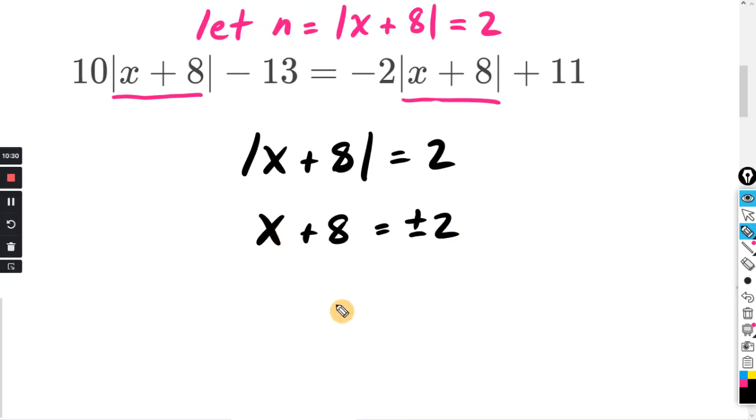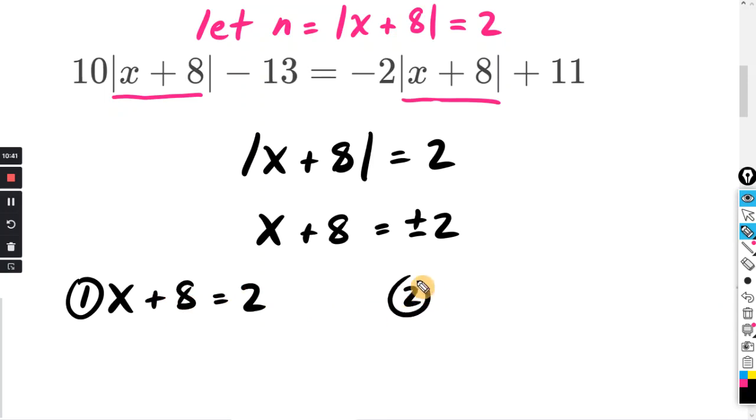And now we have two equations here. X plus 8 is positive 2. And also, x plus 8 is negative 2. All right, both of those would work. Solving for x, minus 8 on both.